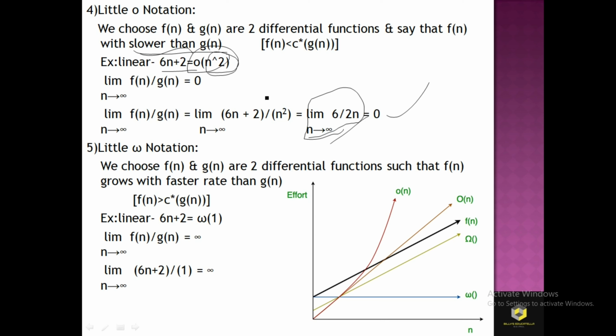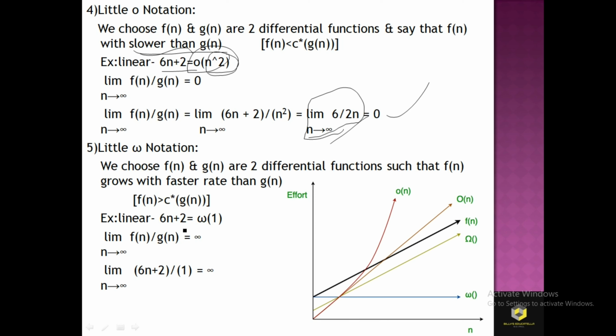Coming to the little omega notation, we choose f of n and g of n as two differentiable functions such that f of n grows at a faster rate than g of n. It is similar to big omega notation, but here it must move at a faster rate, not a faster or equal rate, than g of n. So f of n must be greater than c times g of n.